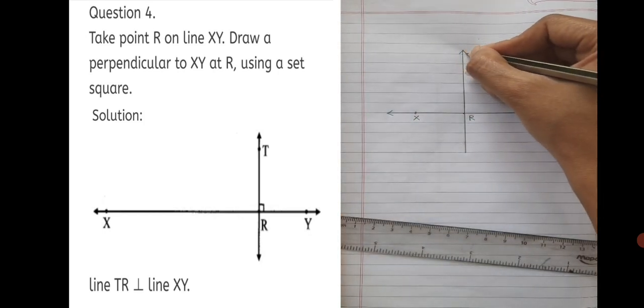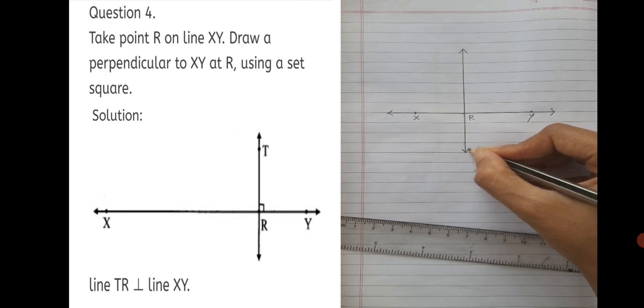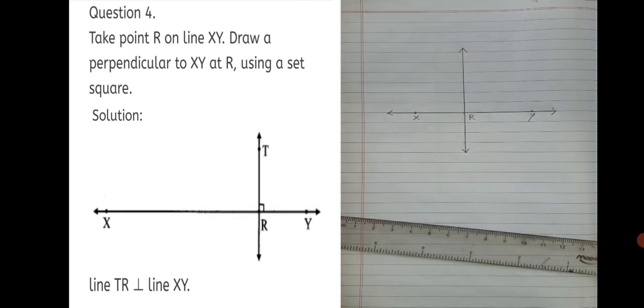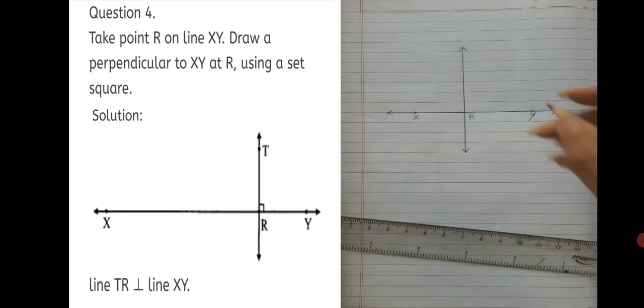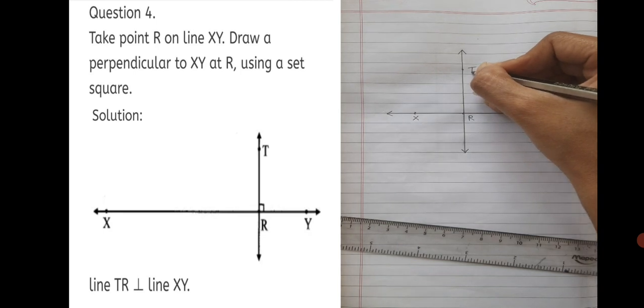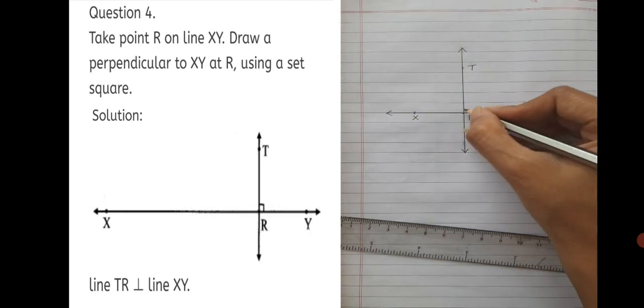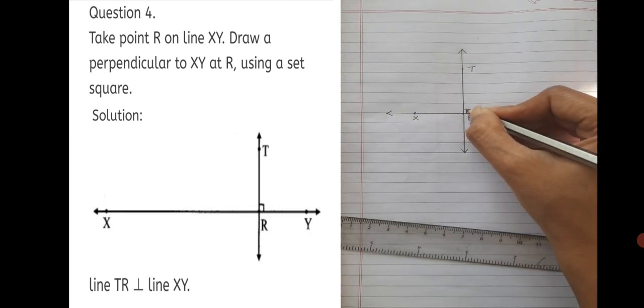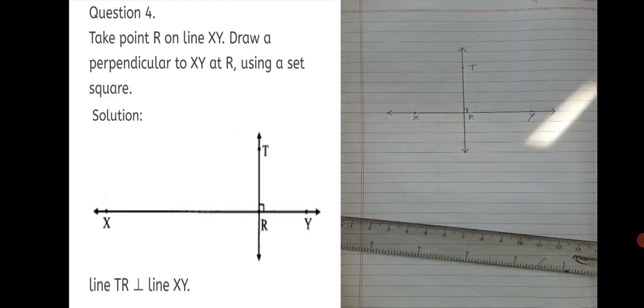So this way we have completed drawing a perpendicular to XY at R. You can name point T on top so that you can see that TR is perpendicular to XY. Line TR is perpendicular to line XY.